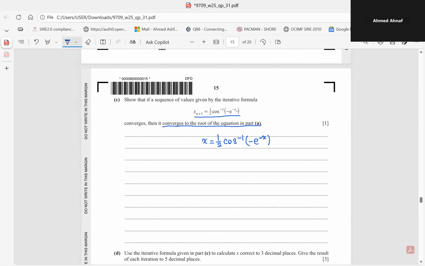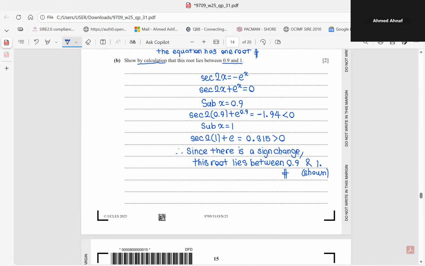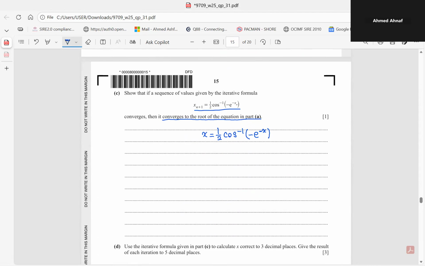Okay, no problem. To do this, just multiply by 2 first. So 2x equals cosine inverse of negative e to the power of negative x. And now remove the cosine inverse, and you would just get cosine 2x equals minus e to the power of negative x.